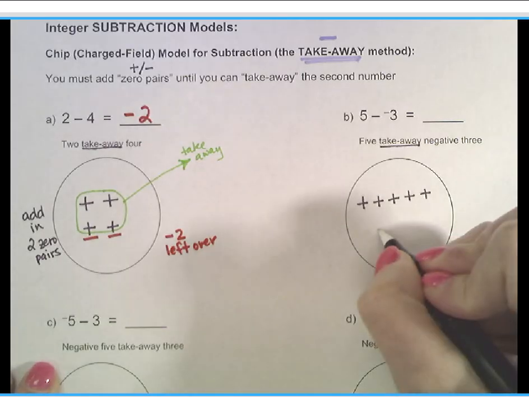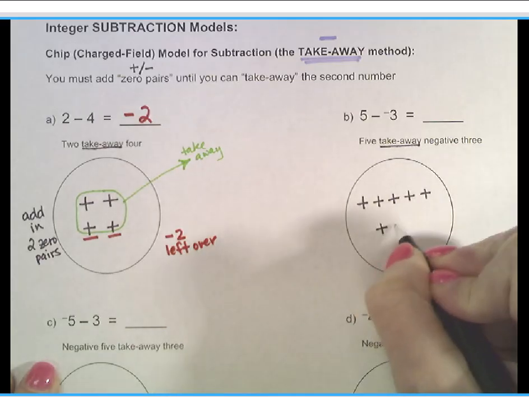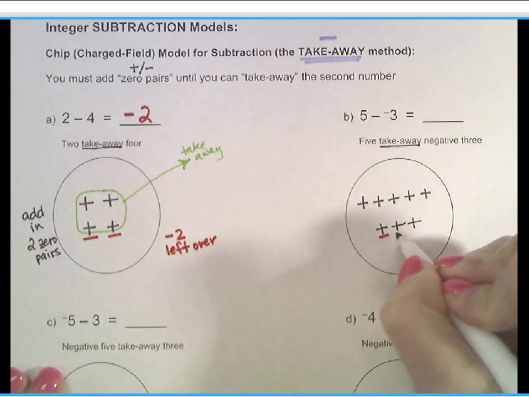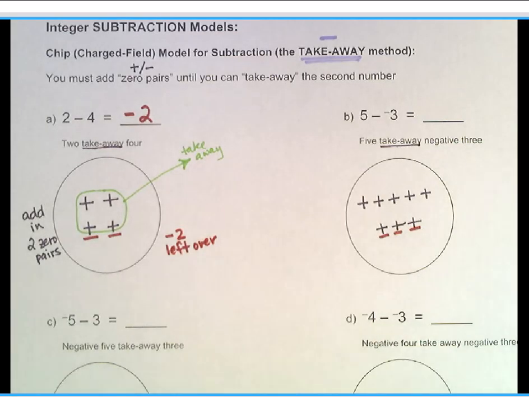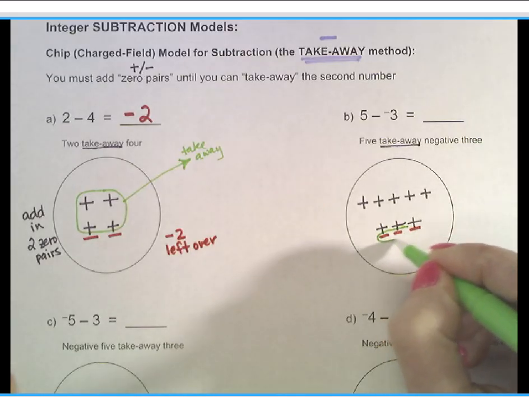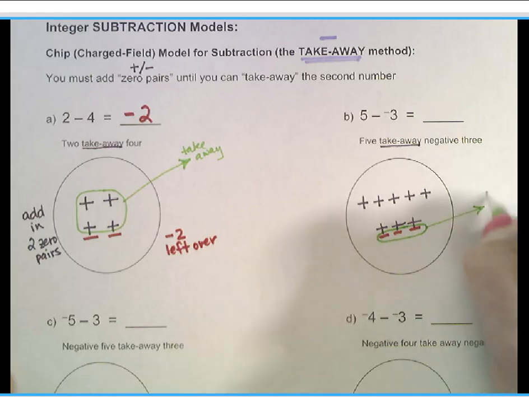Well, I'm going to add in some zero pairs. I need to take away 3 negatives, so I need to put in 3 zero pairs. So there's my zero pairs I just put in there. And what I'm going to take away is negative 3. So these 3 negatives, I shouldn't have drawn them so close to the positives. Those are going to get taken away.